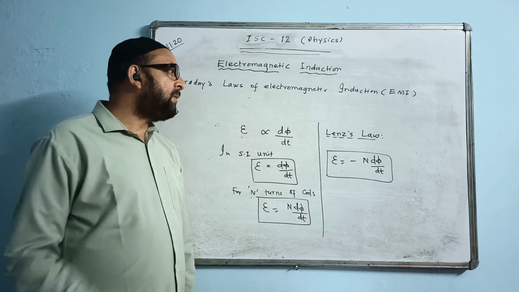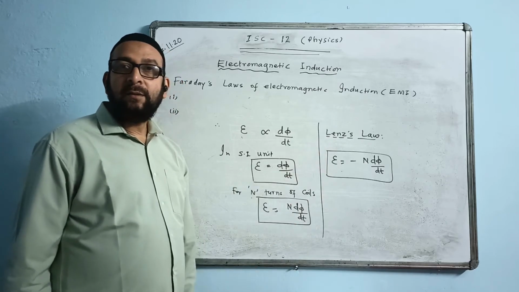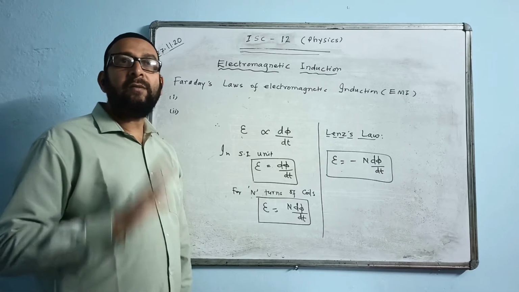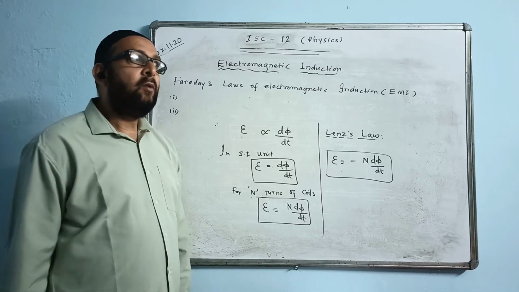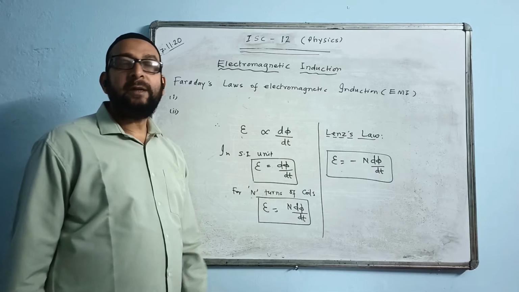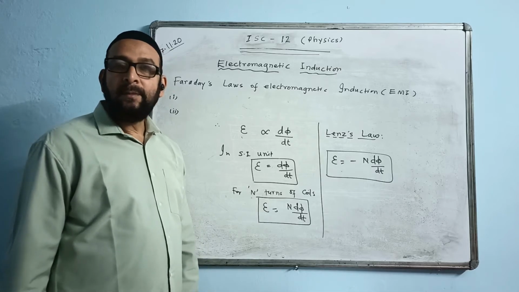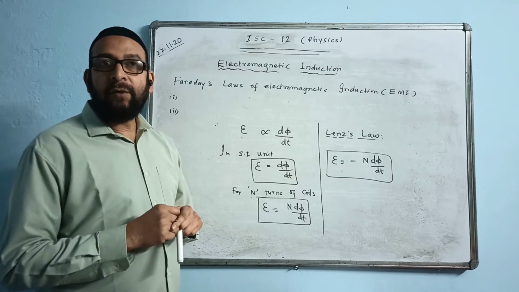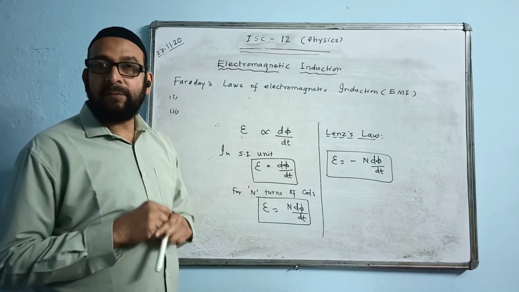On what law is Lenz's law based? We say it is based on the principle of conservation of energy, or the second law of thermodynamics. What is the second law of thermodynamics? It says that to harness or create energy, work has to be done against the system.